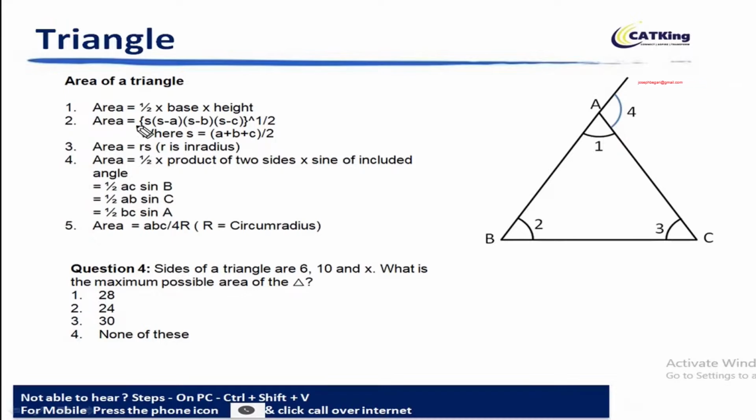It can also be found by using Heron's formula, which is root under s into s minus a, s minus b into s minus c, and this s is nothing but the semi-perimeter of the triangle.